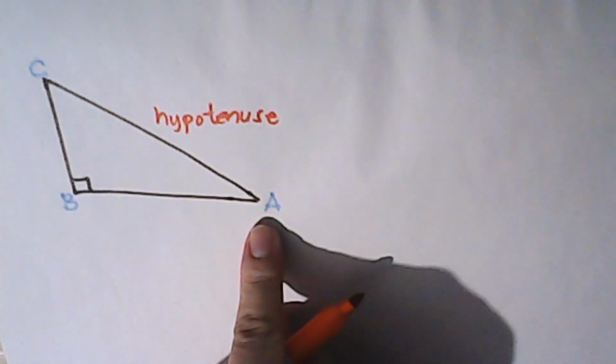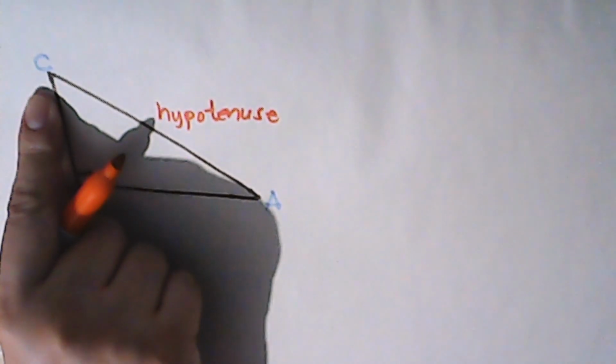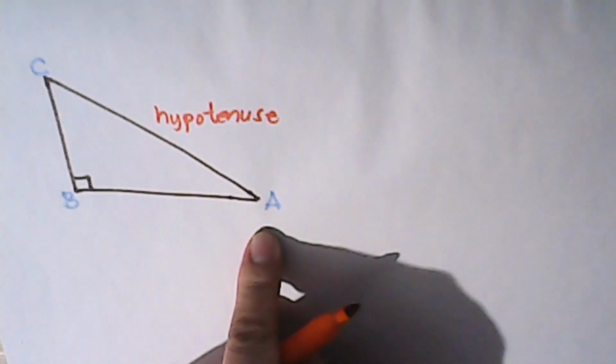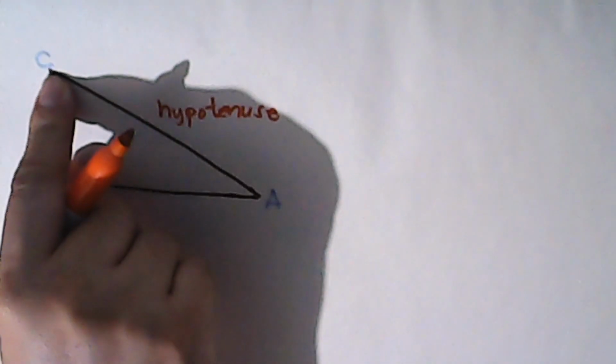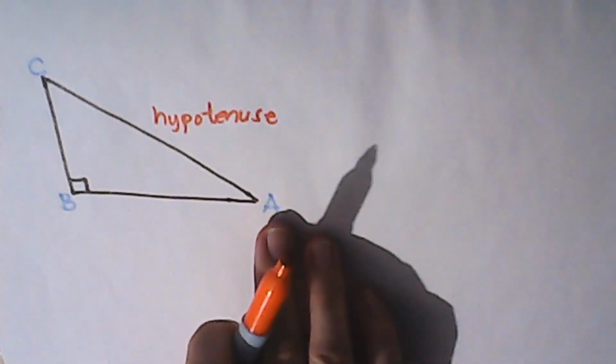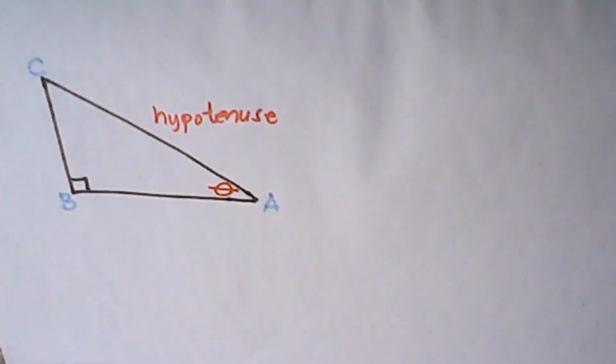If we are referring to angle A, or if we are referring to angle C, the side adjacent and the side opposite A is different from the side adjacent and opposite to angle C. Okay, suppose we are referring to angle A. Let us name angle A as theta.